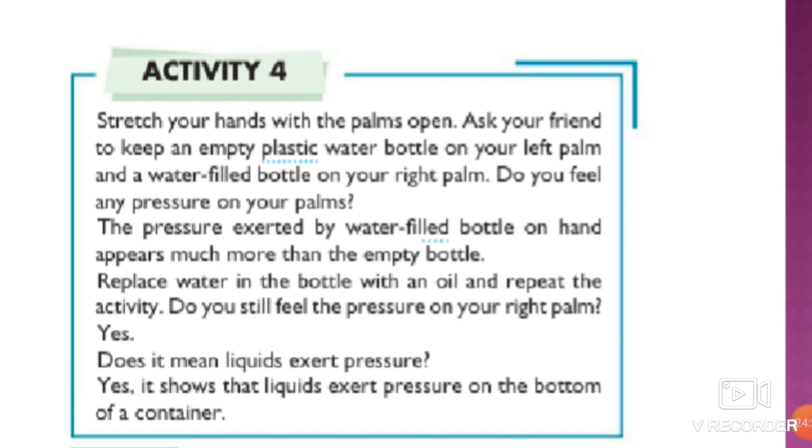You first stretch your hands with palms open, then ask your friend to keep an empty plastic water bottle, not filled with water, on your left palm, and a water-filled bottle on your right palm. So do you feel any pressure on your palms?